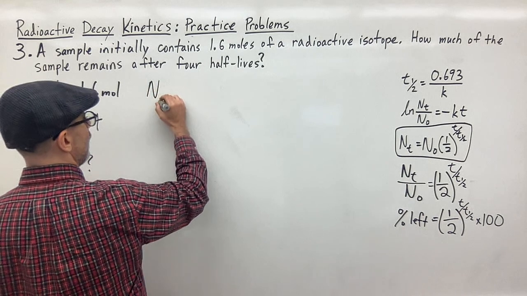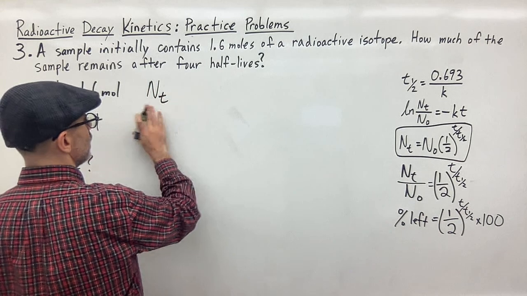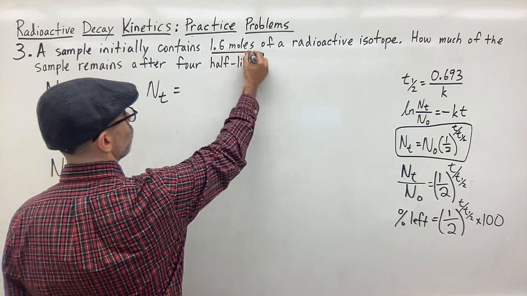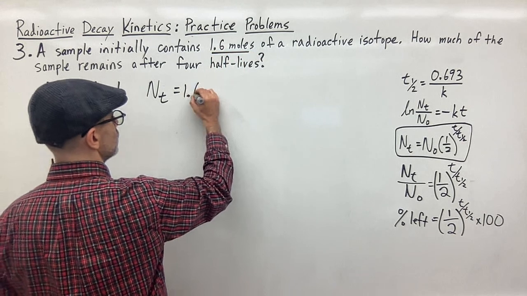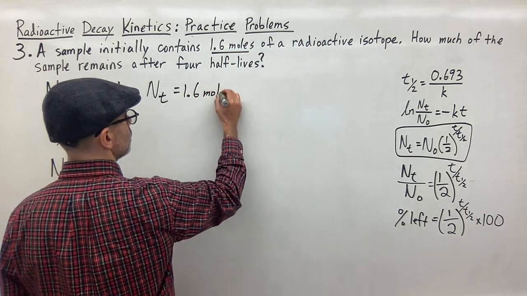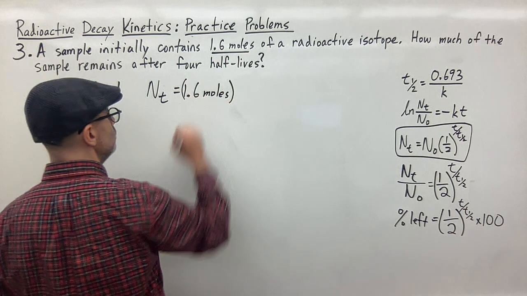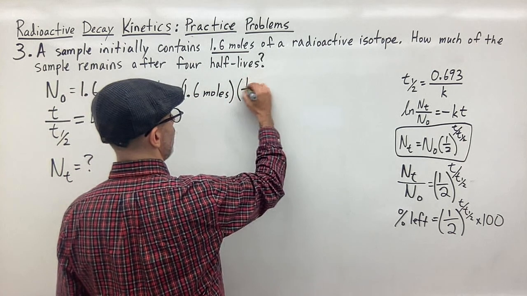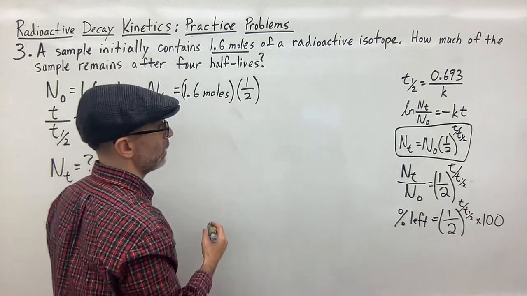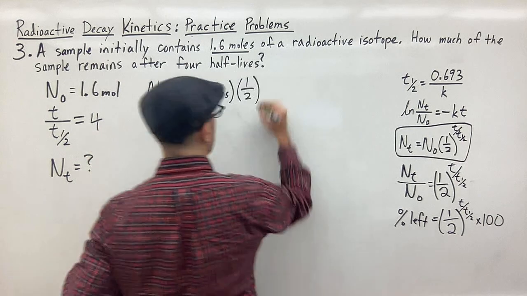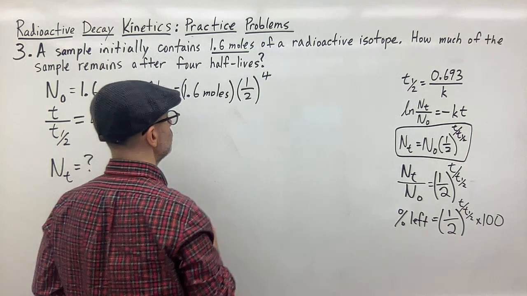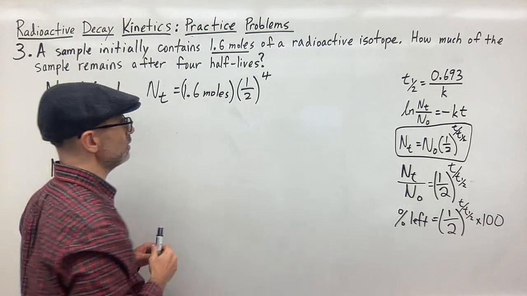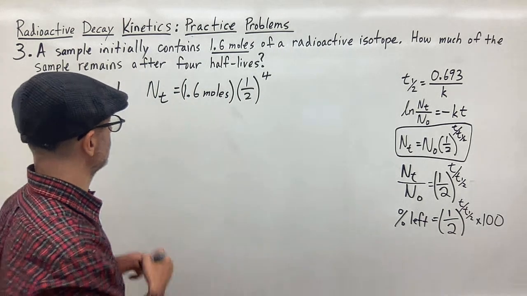N(t), the amount left over, is equal to the initial amount, which is 1.6 moles, multiplied by 1/2 raised to the power of 4. All I have to do is plug this in and solve for N(t).